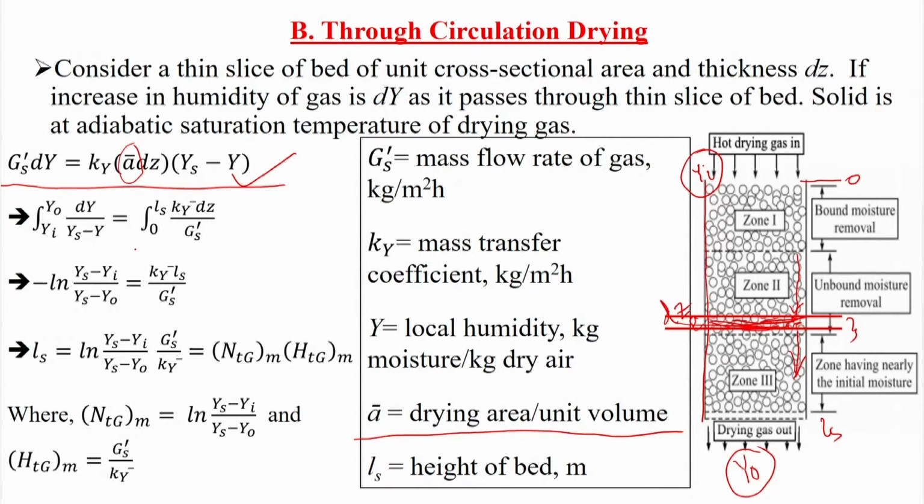If we integrate this, we will get minus ln of (ys minus yi) by (ys minus y0) is equal to ky into Ls by Gs prime. So this Ls will be ln of (ys minus yi) by (ys minus y0) into Gs prime by ky prime.